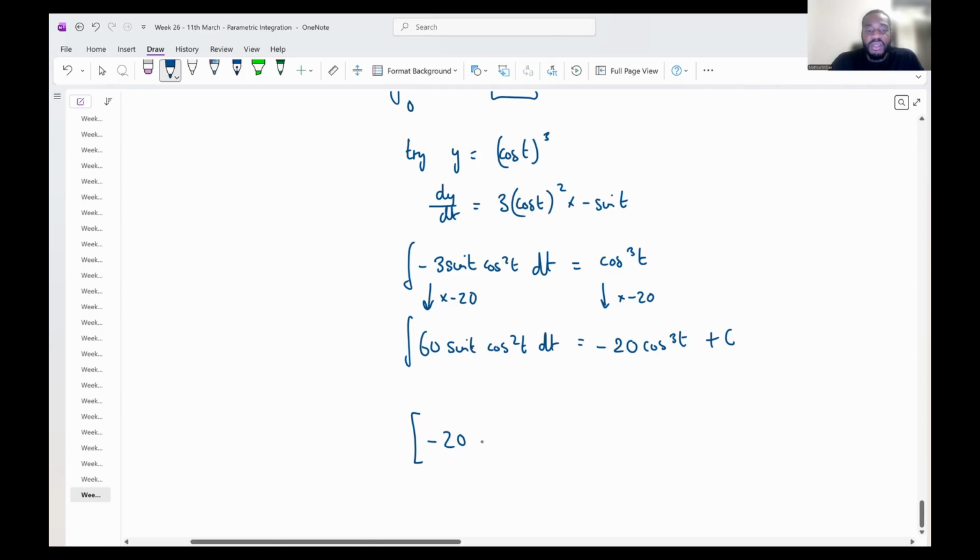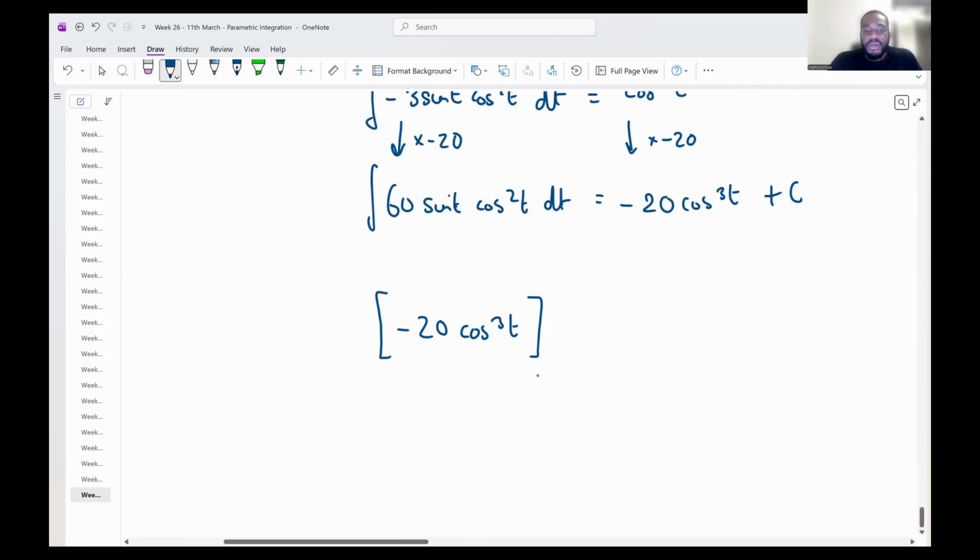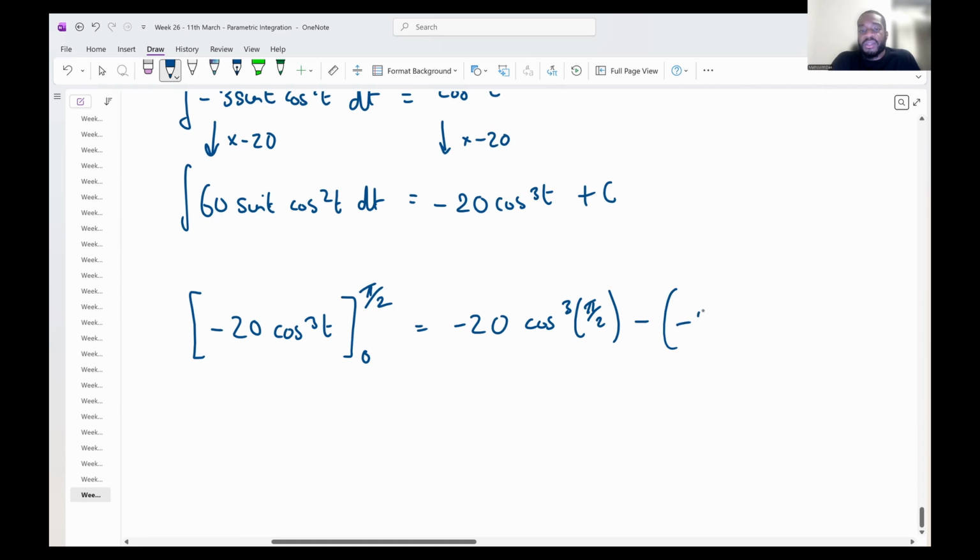So then now we can say the definite integral of minus 20 cos cubed t between 0 and pi over 2 is going to be equal to minus 20 cosine cubed of pi over 2, minus minus 20 cosine of 0 cubed.